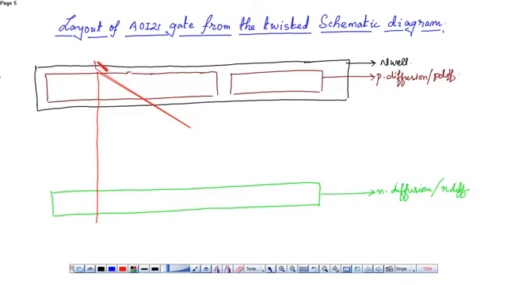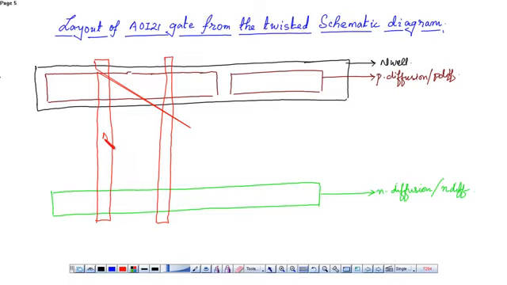This is the first gate and this is the second gate.